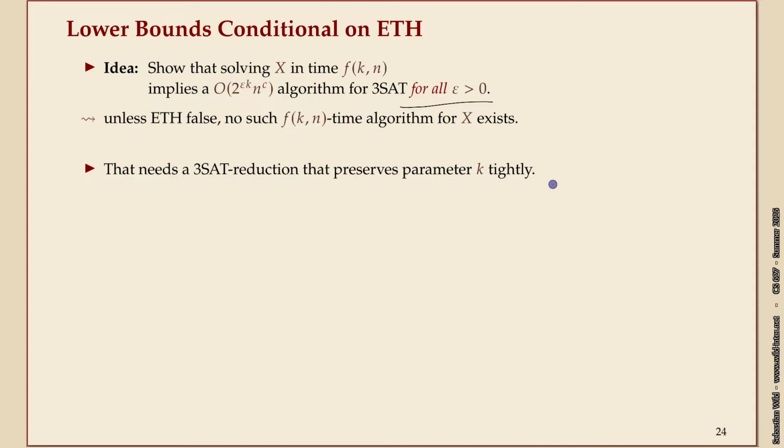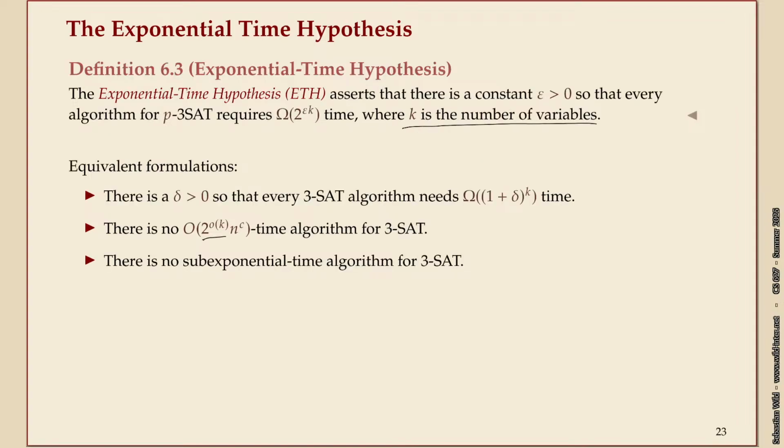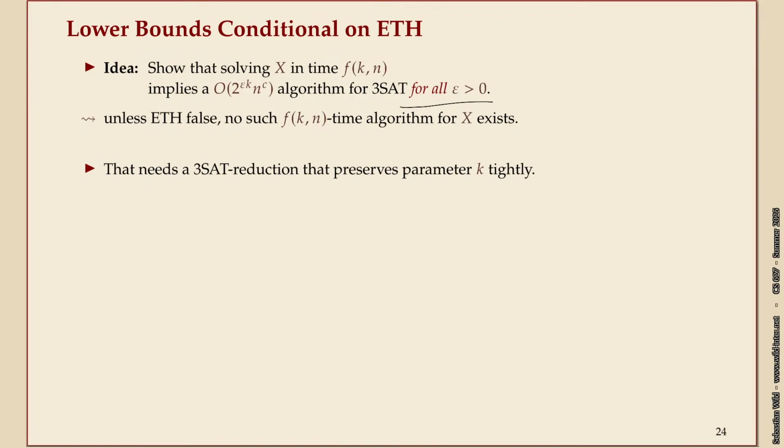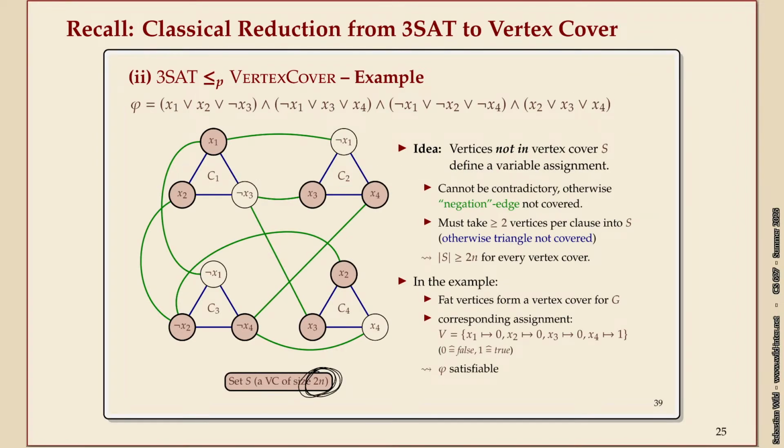What we discussed last time is that the exponential time hypothesis talks about the number of variables in this formula. So it's a 3-SAT formula of some arbitrary size, but the relevant parameter for the exponential time here is the number of variables. And we've seen many reductions of the type for problems where we care about showing stronger, well, lower bounds beyond just W[1]-hardness.